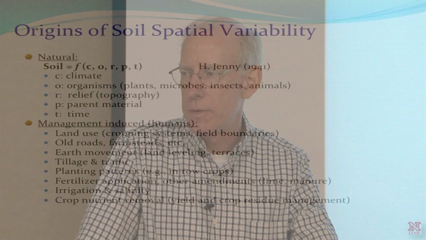They can also result in soils differing from this foot to the next foot, or this part of the field to the next part of the field. So these are the sources of natural variability. And then we add on top of that a whole host of factors that are management induced.